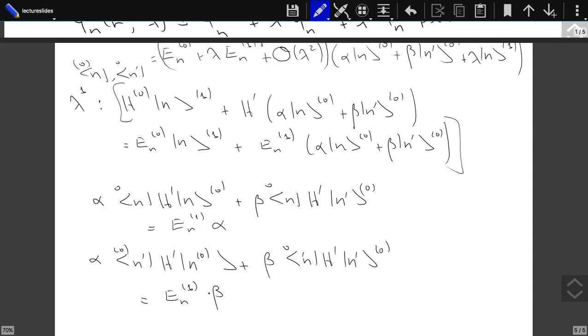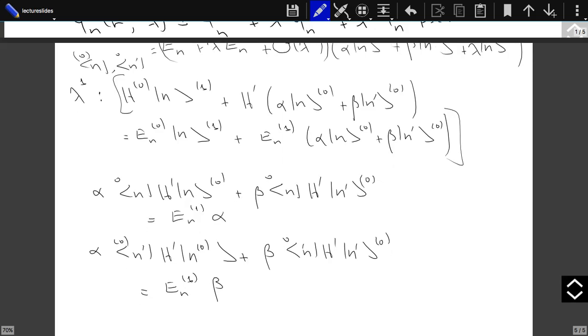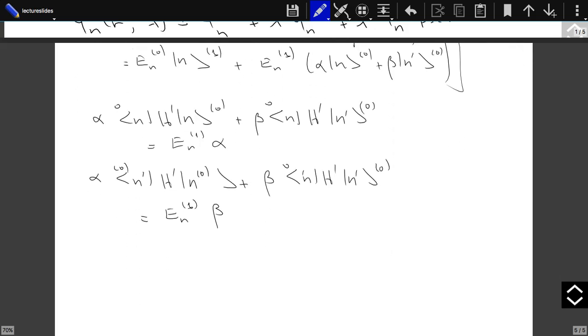So I have two equations for alpha and beta, and also En1. In general, that is not such a nice thing to have, because we have three unknowns and two equations. But let's just rewrite this. This is a homogeneous equation, so not all the time do they have a possible solution for En1.